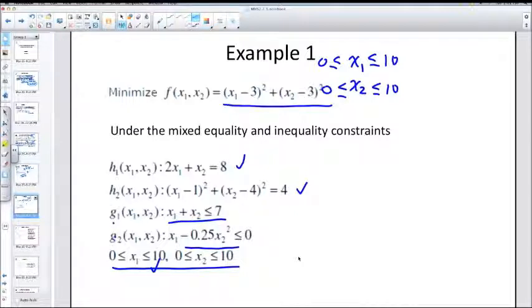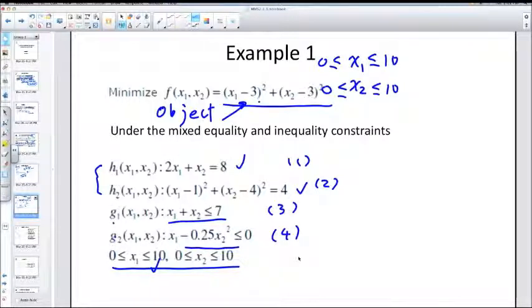Second item, the objective function is here. It's quadratic. Third, constraint equations, you have two of them. Fourth, the constraint inequalities, you get two of them. All right, that's all four components.